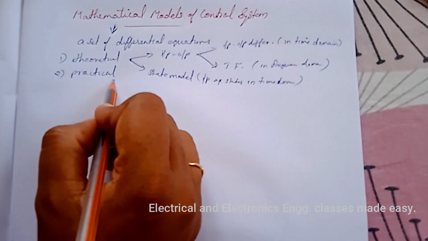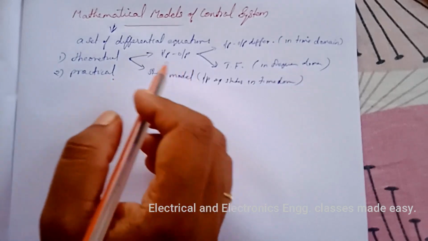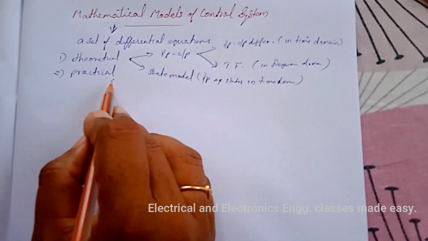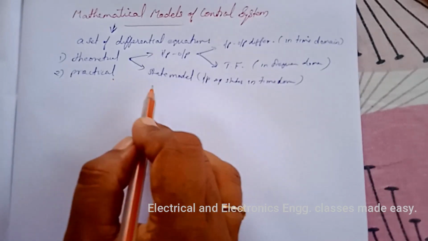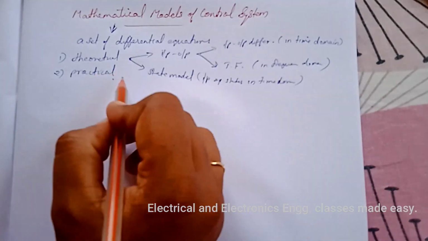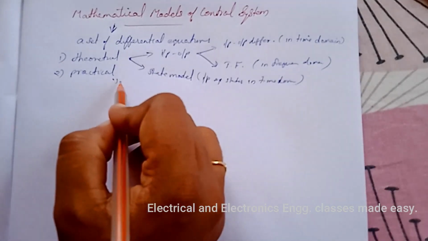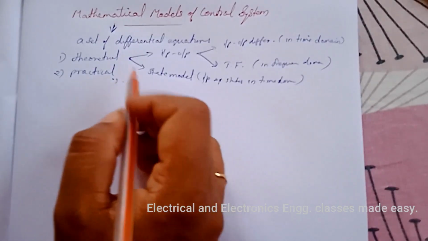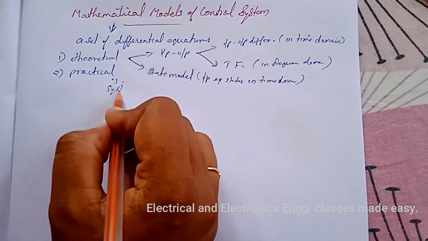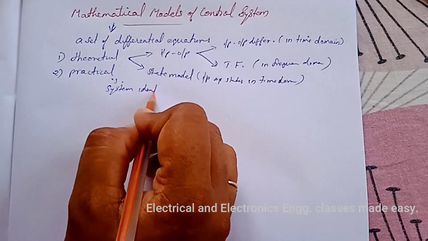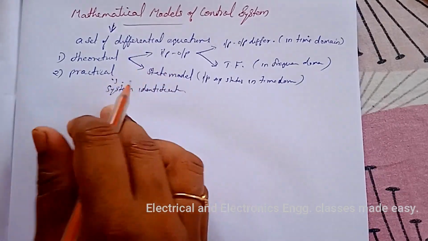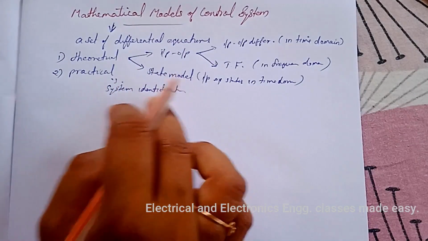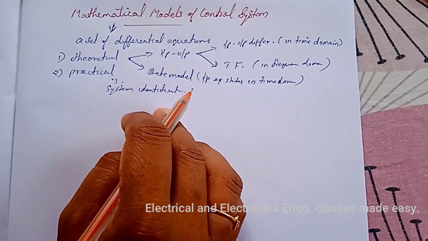And in the practical method, applying an input, we get a corresponding output. So here we apply an input and we get a corresponding output. Such an approach is known as system identification. In this method, the graph should match with the model graph.